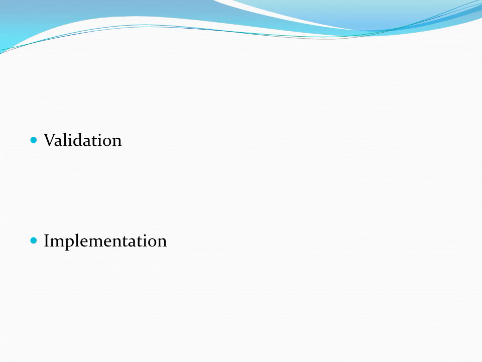Suppose they are not happy with the training program, or suppose they want something additional in that particular training program, again you can develop it. Again you can see what is necessary to improve, how we can improve, and what additional strategies and additional methods we can use to develop the training program.